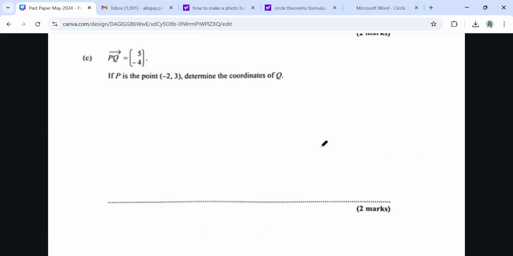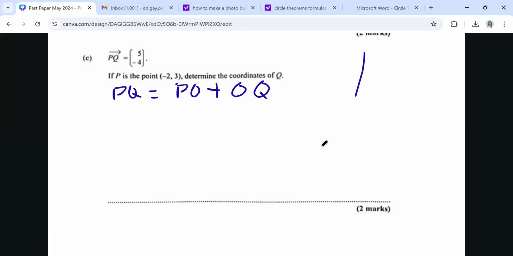All right, next one, vectors. Vector PQ equals 5, negative 4. If P is the point negative 2, 3, determine the coordinates of Q. Now, using our knowledge of PQ, we will assume that P is coming from our original. So this is vector PO plus OQ.